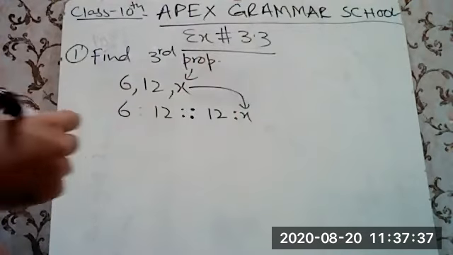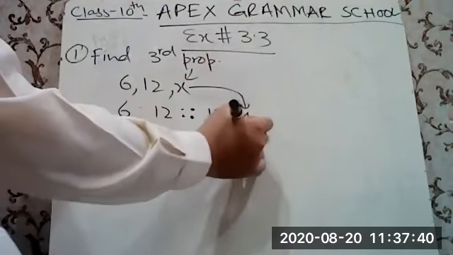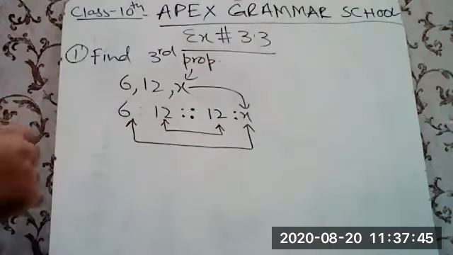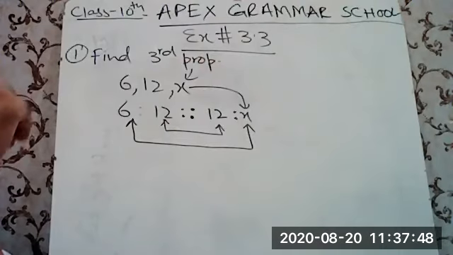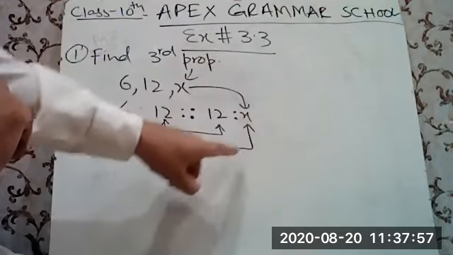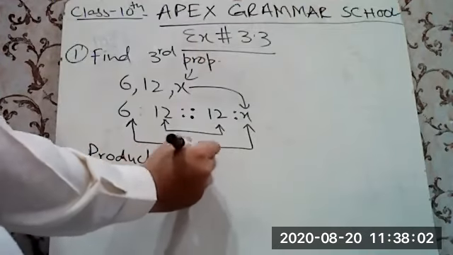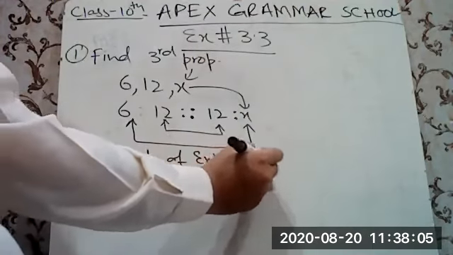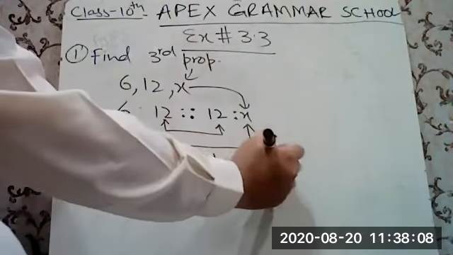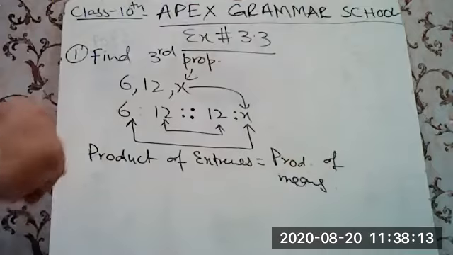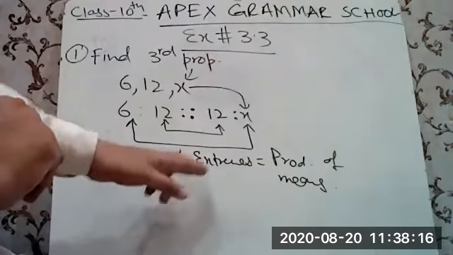Now you can see that these are extremes and these are means. We have the relation that the product of extremes is equal to the product of means.